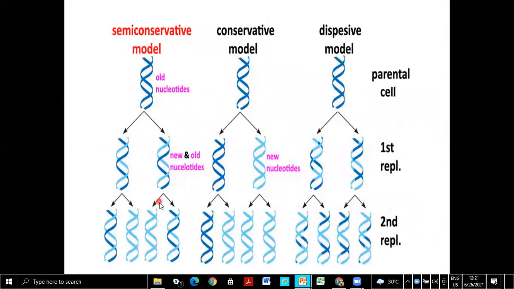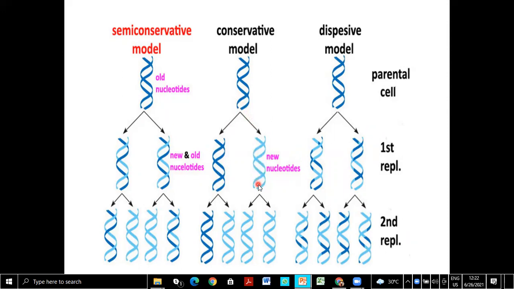This is the semi-conservative model we are familiar with, which we have learned. And this is the conservative model. The two strands will synthesize new strands, but what happens is that finally in the daughter DNA, both the parental strands come together and form one just like the parent.